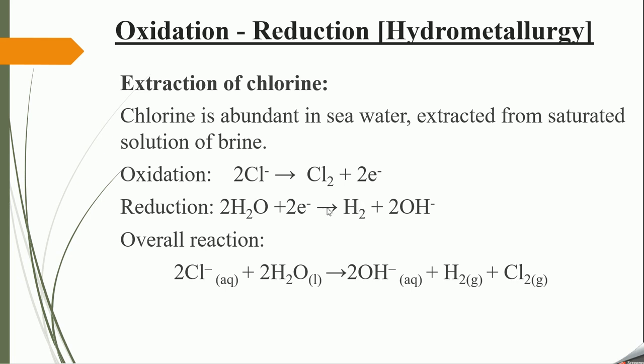And the reaction occurs at cathode. So here you can see the overall reaction. Chloride reacts with the water, gives hydroxide ion, hydrogen gas and chlorine gas. Hydrogen gas is liberated at cathode where reduction takes place. Chlorine is liberated at anode where oxidation takes place.